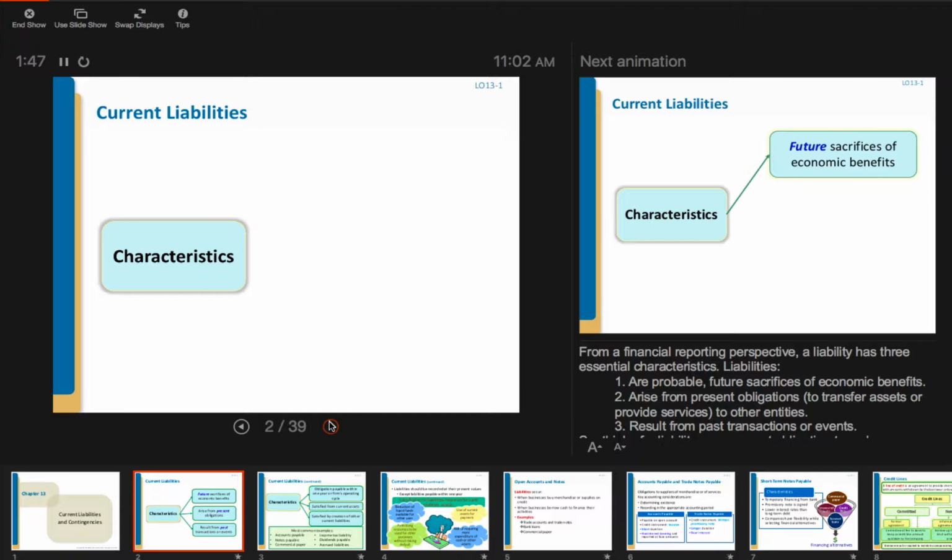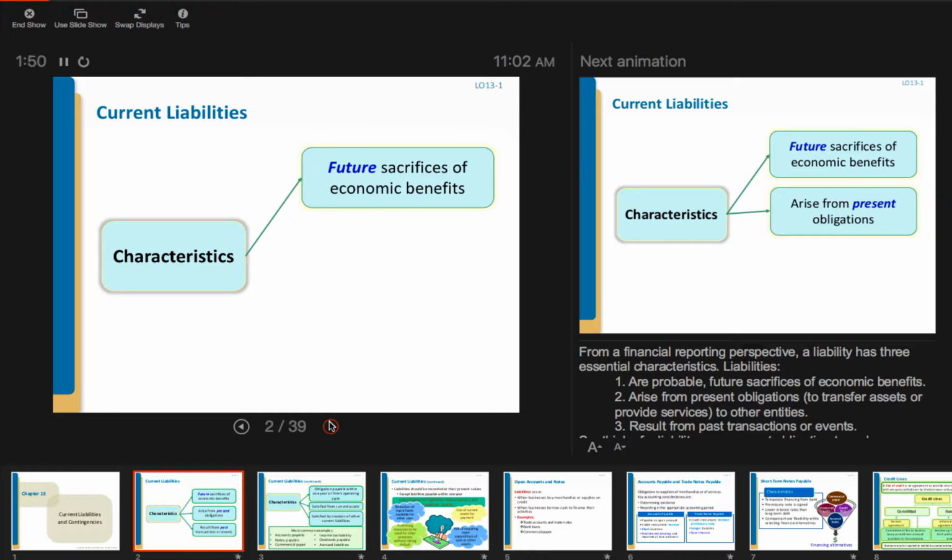Okay. So y'all should know what liabilities in general are, obviously. But as far as what makes them current versus long-term, we've got the 1 year threshold. In the accounting world, anything under 1 year with respect to anything is considered current, and anything over 1 year is considered long-term.